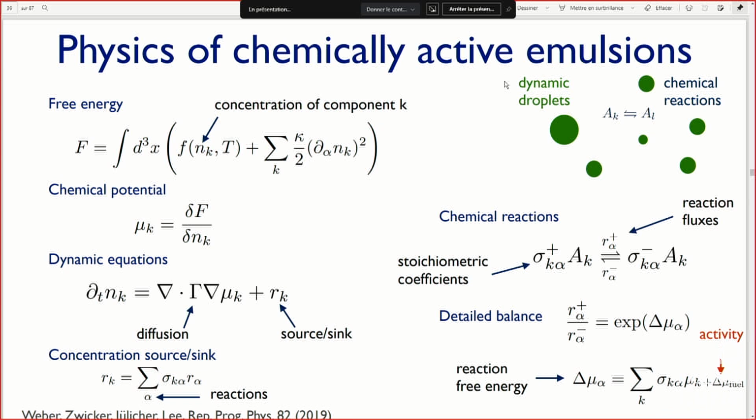The fuel, of course, enters the chemical reaction, but if I don't want to describe it explicitly, it's enough to add an extra chemical force to these chemical potentials. This allows me to drive the system out of equilibrium by maintaining the fuel out of equilibrium, for example, having ATP at high concentrations compared to ADP. This is a natural way to introduce this into the framework.